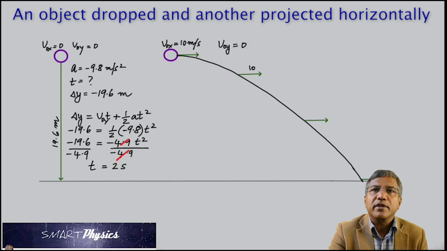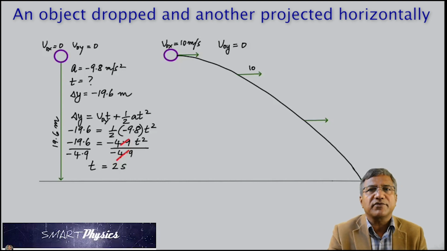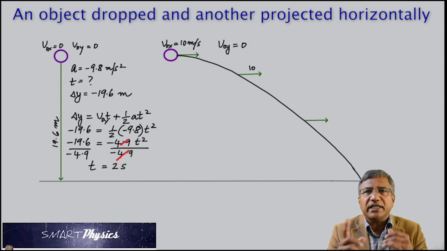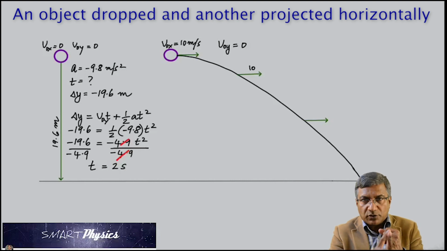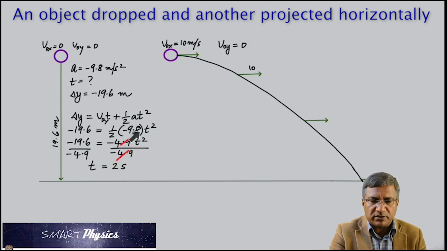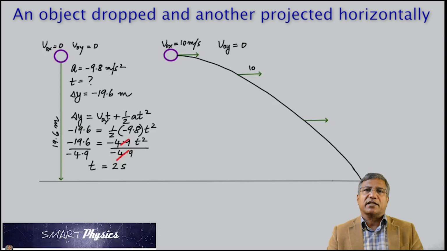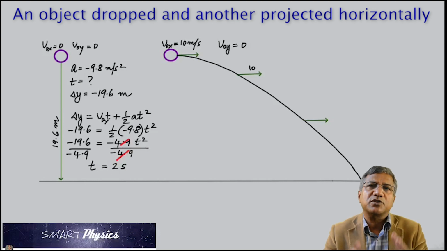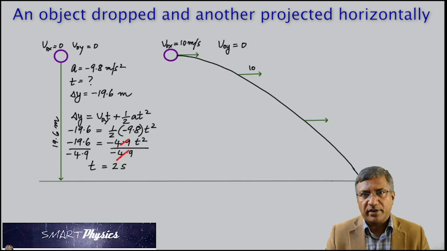I'm not going to write all of them again because the initial vertical velocity is 0. The acceleration is negative 9.8 meter per second squared. Delta y is still negative 19.6. So the time when we use this equation is still going to be 2 seconds. So this object is going to take 2 seconds to hit the ground.